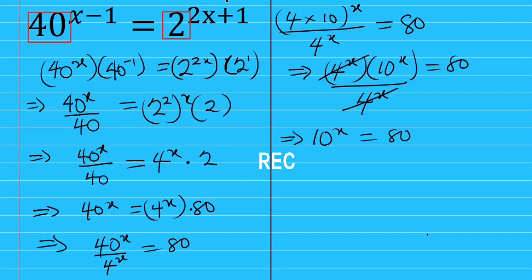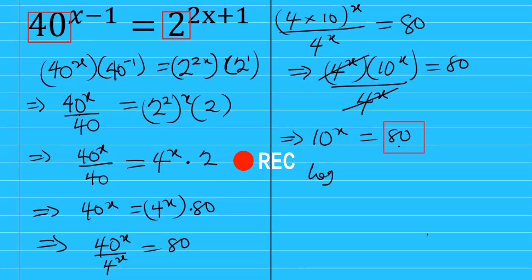At this stage, we'll find a way to express this 80 to have the same base as 10. That's not possible, as we saw from the earlier. So what we're going to do is take log of both sides to base 10.